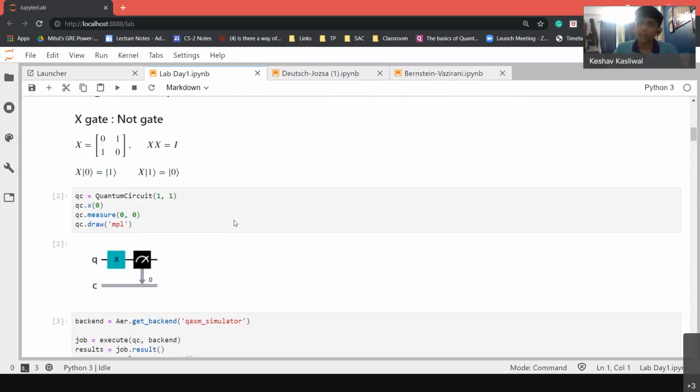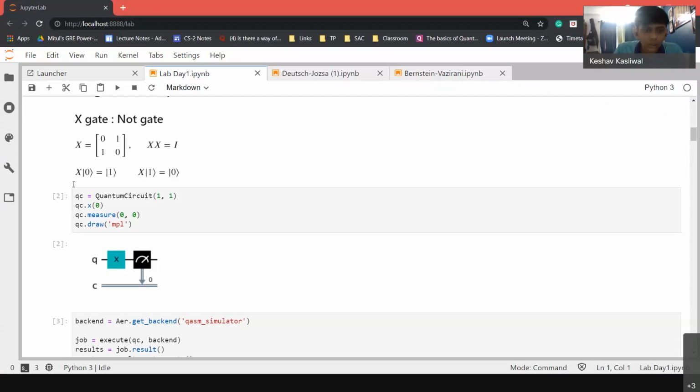Now, how do we declare a quantum circuit over here? As you can see, this is a variable QC. QC is equal to QuantumCircuit(1, 1). What is the QuantumCircuit function doing over here, and what is the significance of both 1 comma 1? What the QuantumCircuit function does is create a quantum circuit having X number of qubits and Y number of classical bits.